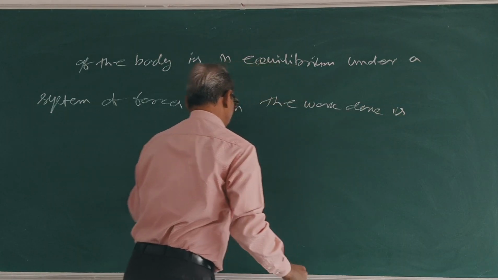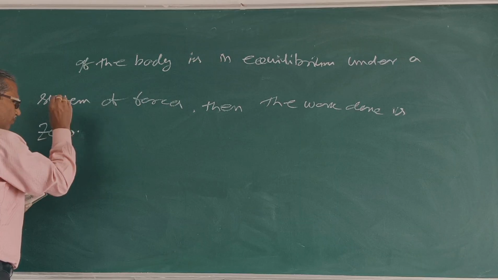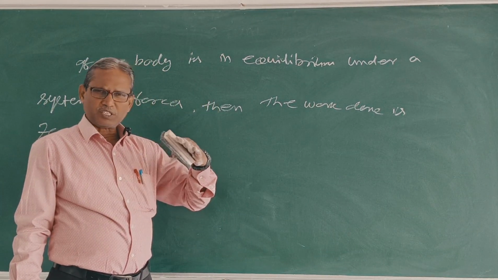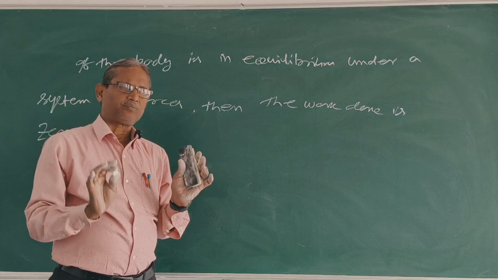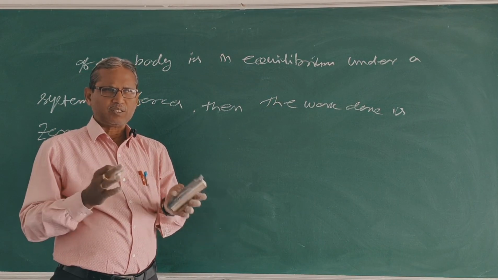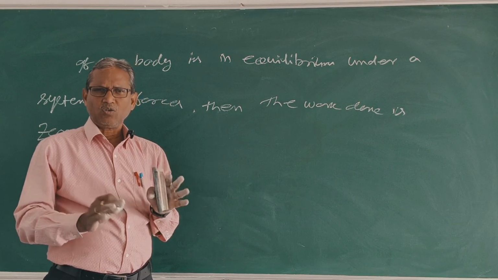Clear? If the body moves through a displacement, work will be done. If the body is in equilibrium, there is no displacement. The body will not move in any direction. So if displacement is zero, work done is zero.